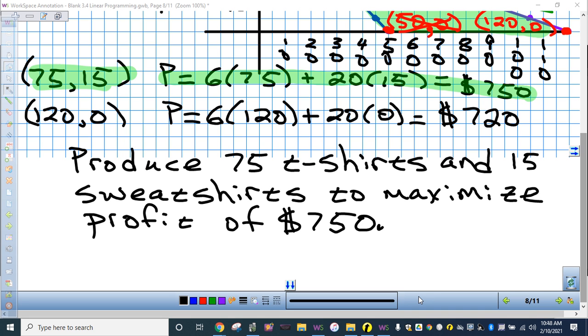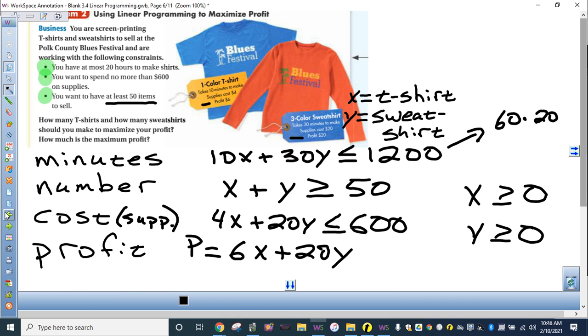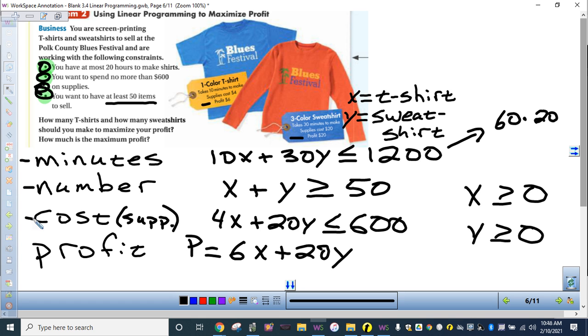Notice, the first thing I do is identify those variables, then I'm going through and trying to figure out the categories of equations I'm writing. So I did that by looking at these 3 bullet points. I whiffed on my last one there. That tells me that I need a minutes, number, and cost equation. And then here's our objective function where we're maximizing profit.